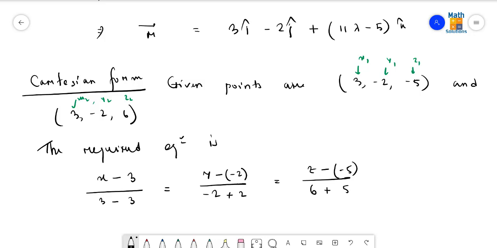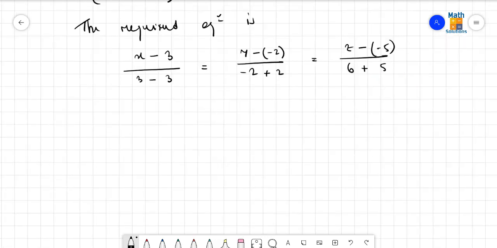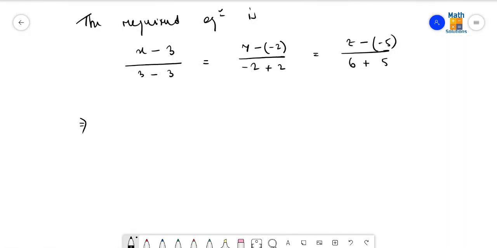So ultimately our answer will come like this. This implies (x minus 3) by 0 is equal to (y plus 2) by 0, then after, we can write here (z plus 5) by 11, and this is the required answer.